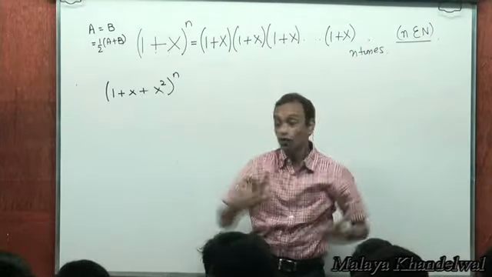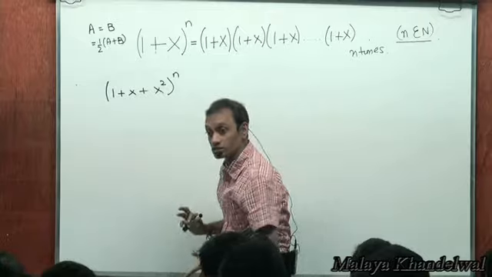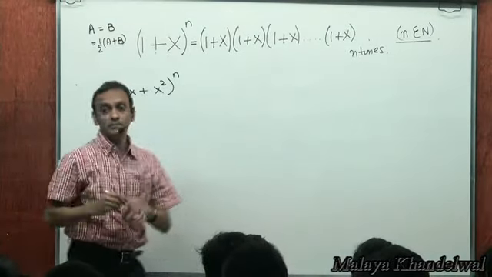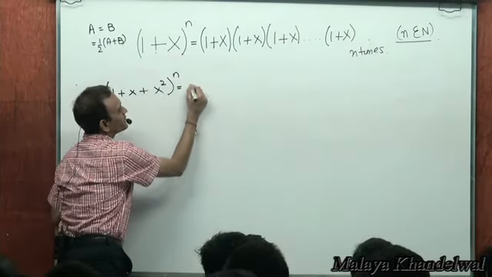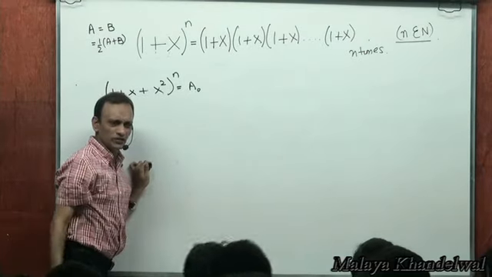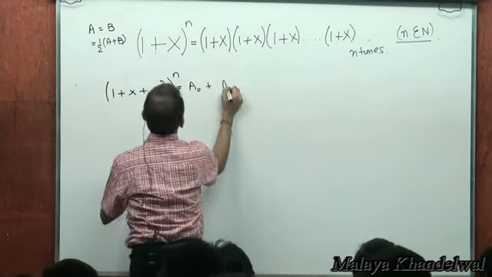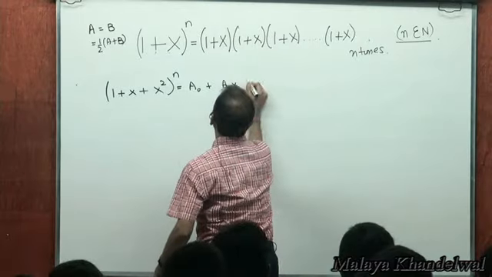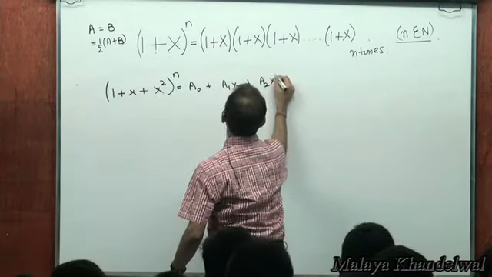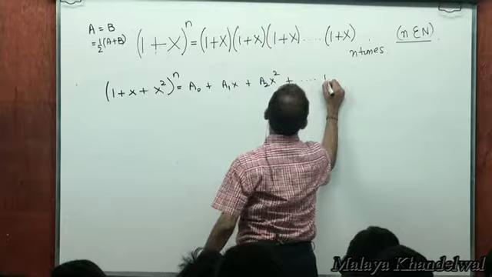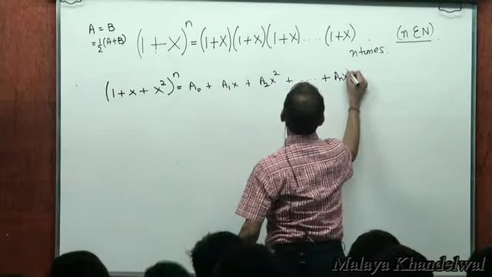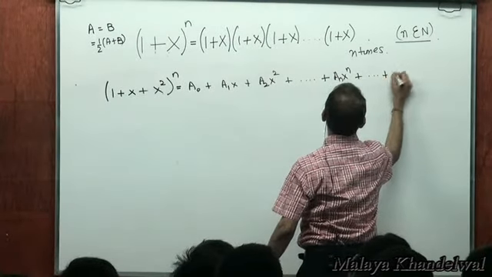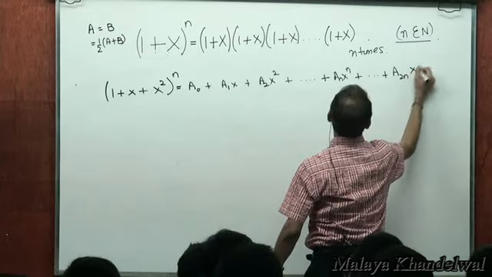That means if you had to expand this, would you not expect something like this to happen? You would expect, let's say, a naught as the coefficient of x power 0, then a1 as the coefficient of x power 1, then a2 as the coefficient of x power 2, then a n x power n, then a 2n minus 1 x power 2n minus 1, a 2n x power 2n.